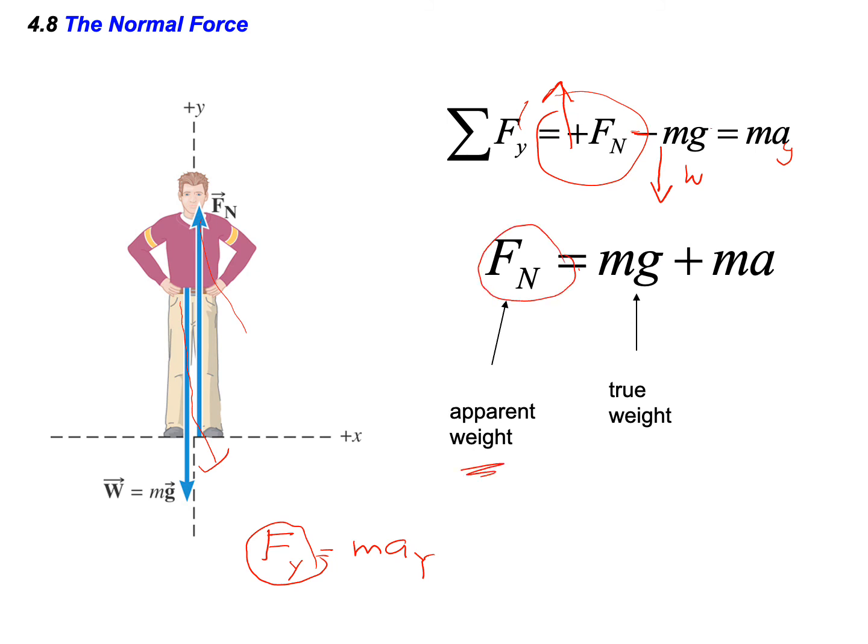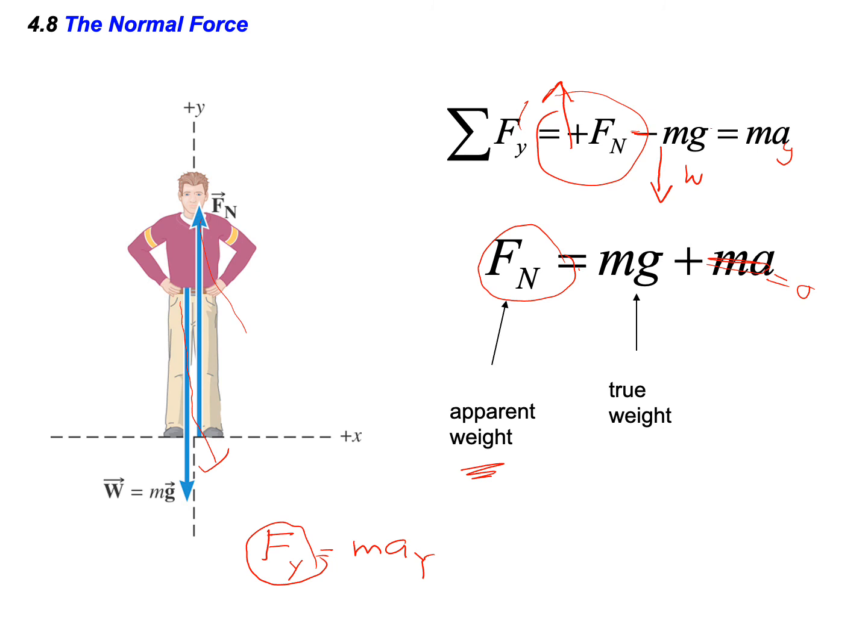So the normal force is your apparent weight. If you have a scale inside, this is the force you see on the scale, which is equal to your actual weight plus mass times acceleration, because the elevator is moving. If the elevator is not moving, the mass times acceleration of the elevator becomes 0, and your normal force is the same as your actual weight.